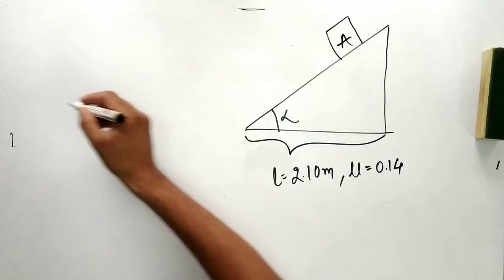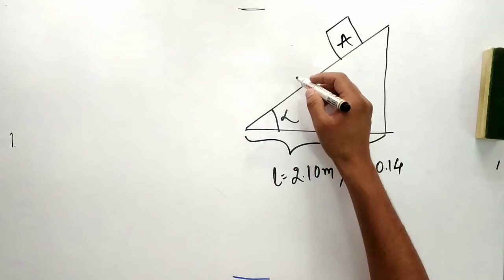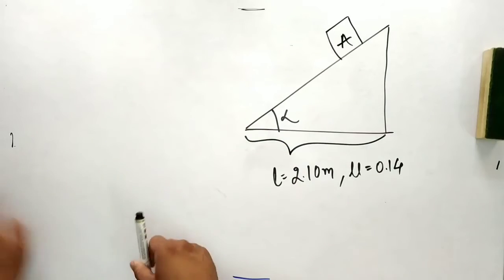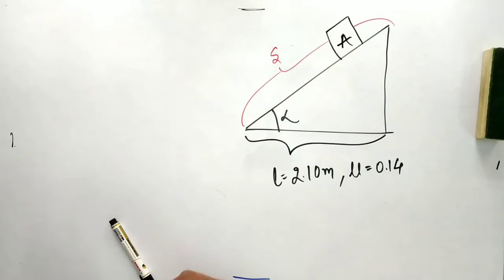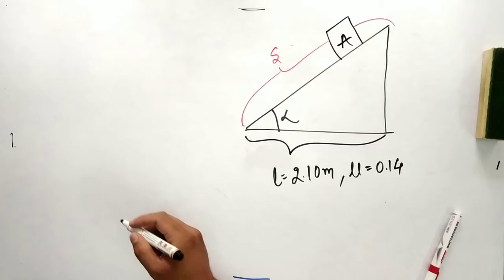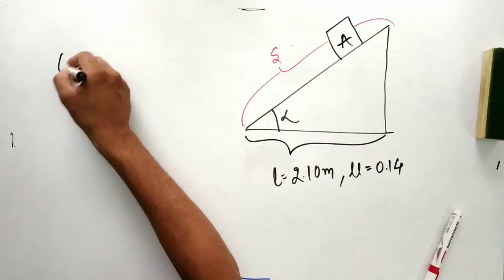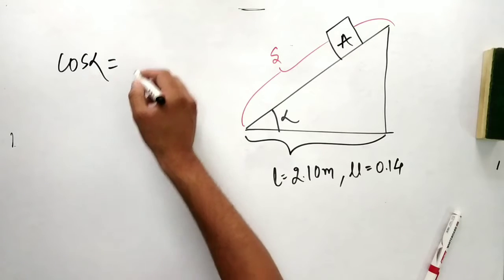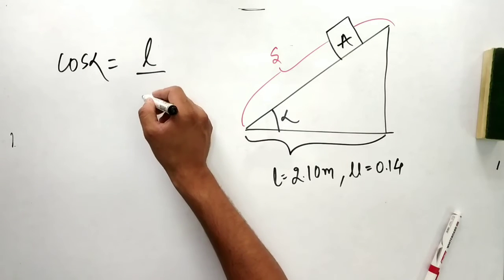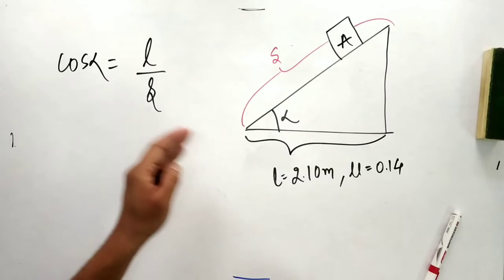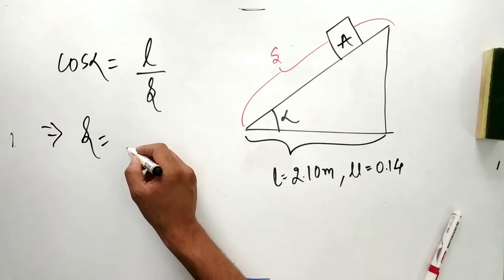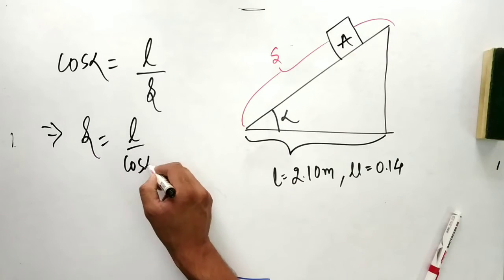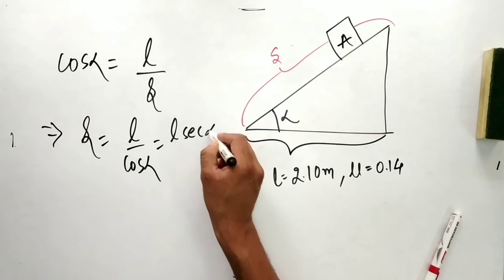Let us assume that this distance is equal to S. In this right angle triangle, we can clearly see that cos of alpha is equal to L divided by S, which gives us S is equal to L divided by cos of alpha, which is equal to L sec of alpha.